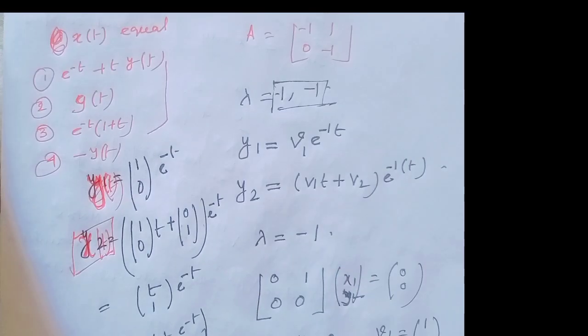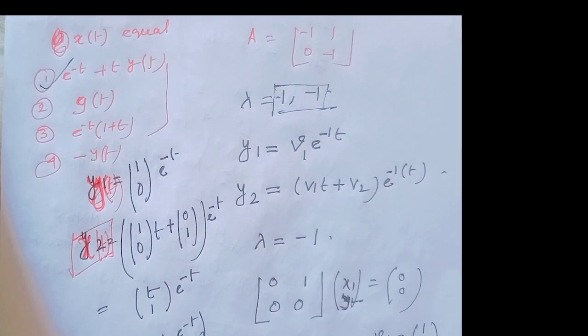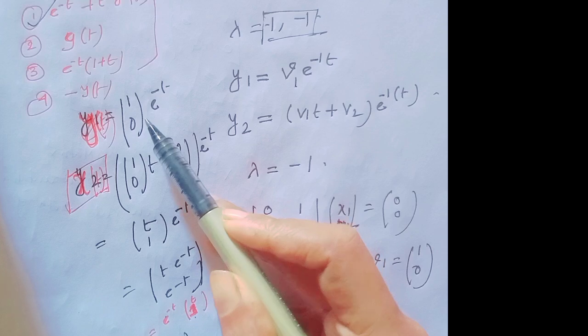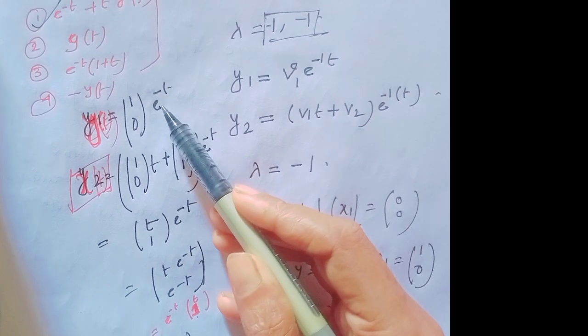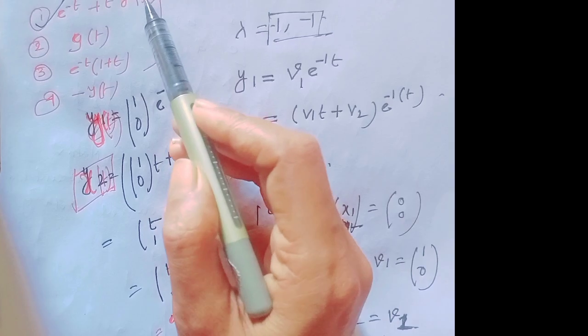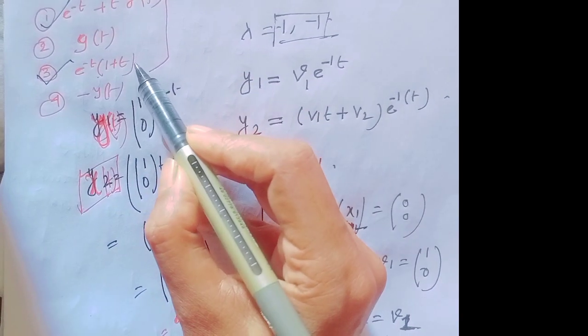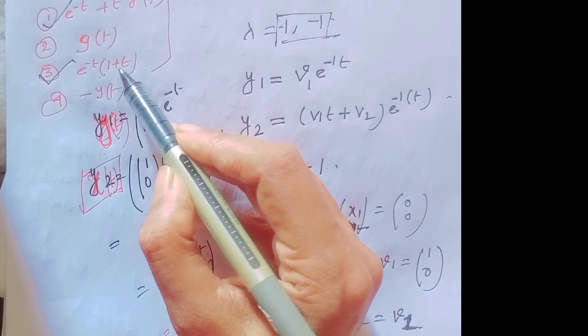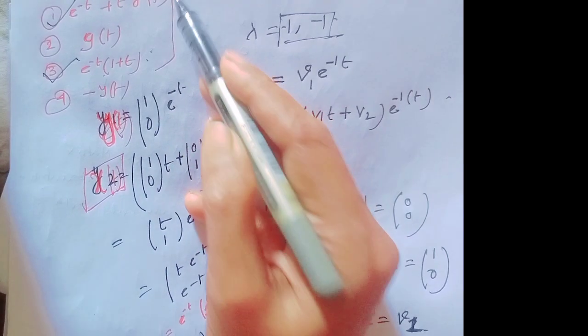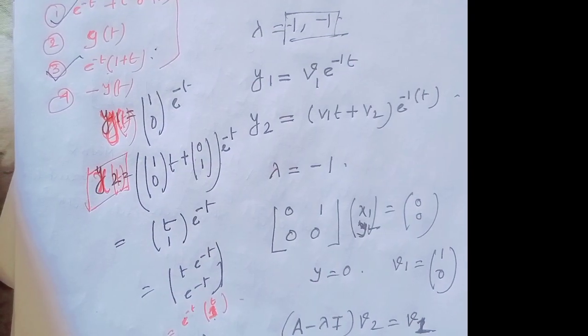So option 1 is a right option, e to the power minus t plus t y(t). Similarly, y(t) means [1, 0] e to the power minus t, so this is e to the power minus t plus t y(t). Similarly, option 3, e to the power minus t times (1 plus t), this option is also a right option. I hope all my viewers have understood. This is clear, okay.